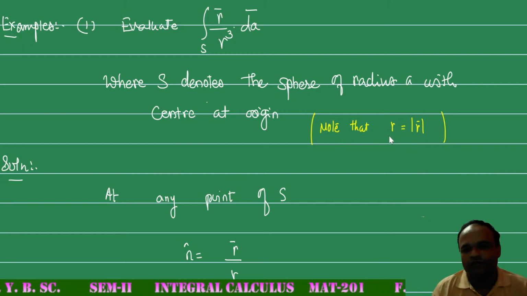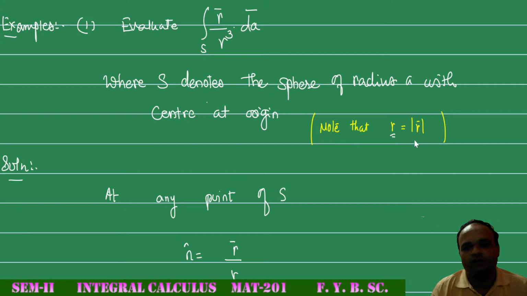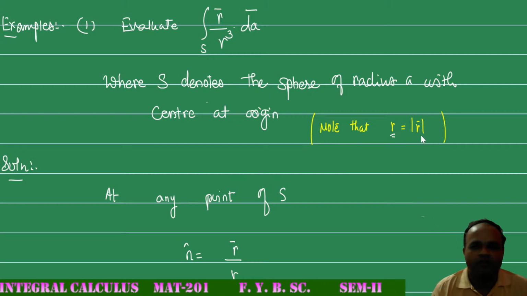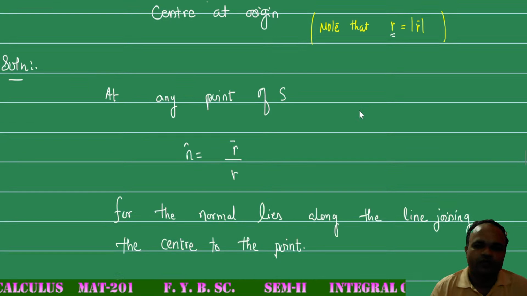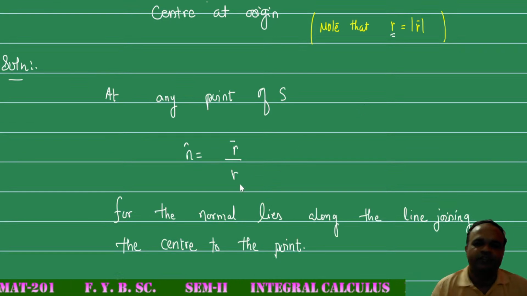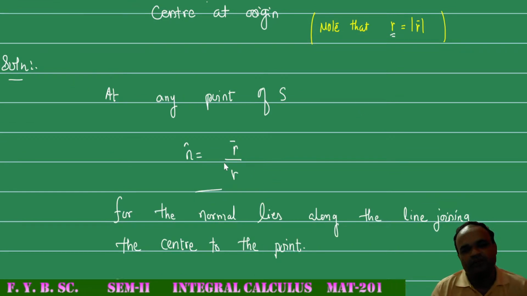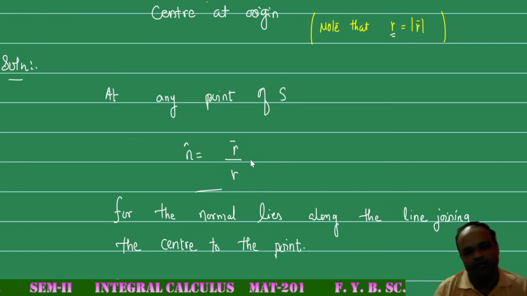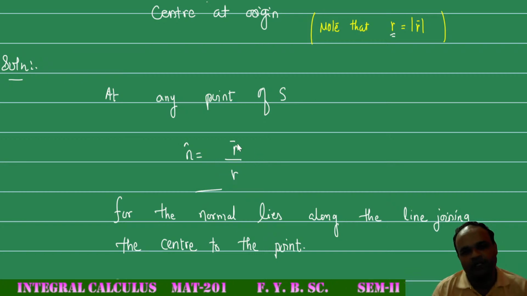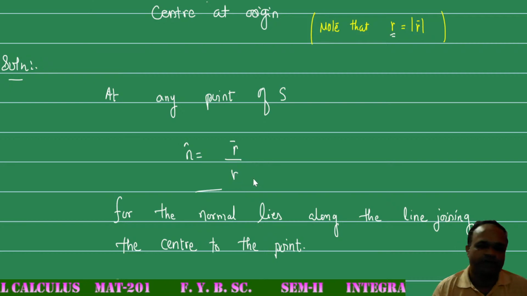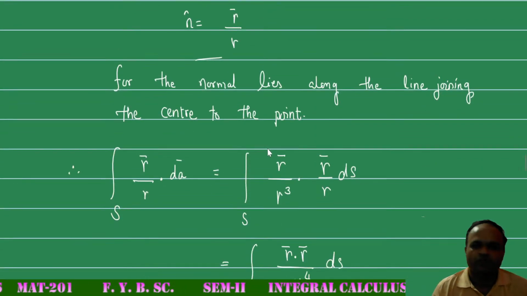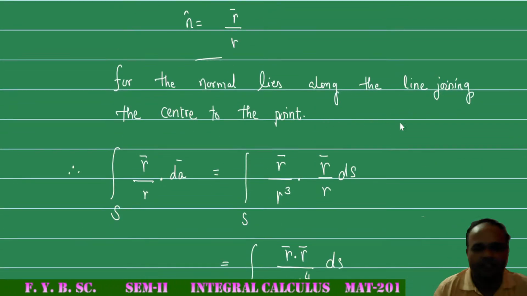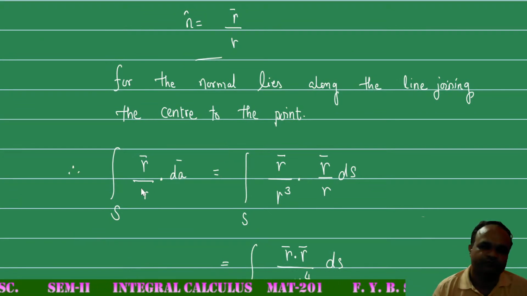Note that r is the magnitude of r bar. At any point of S, the unit normal vector n cap is r bar divided by its magnitude, for the normal lies along the line joining the center to the points.